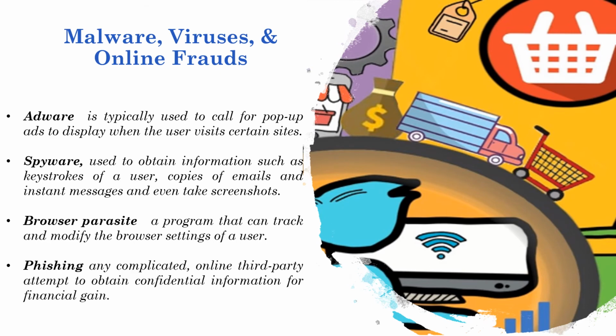While phishing is any deceptive online attempt by a third party to obtain confidential information for financial gain. So phishing attacks usually involve no malicious code, but rely instead on straightforward misrepresentation and fraud.